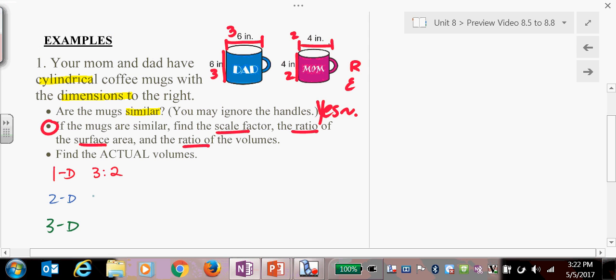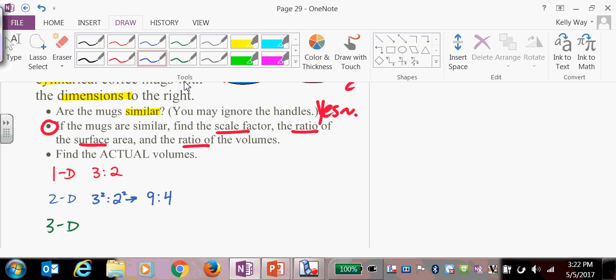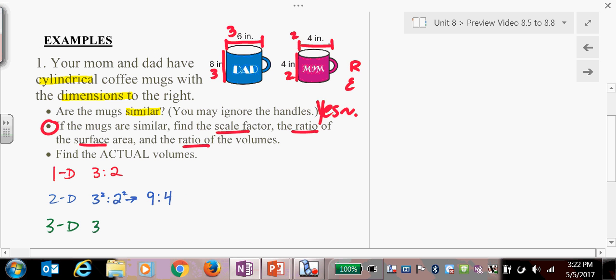Our second dimensional ratio is going to be 3 squared to 2 squared, which comes to 9 to 4. And then our third dimension ratio is going to be 3 cubed to 2 cubed, and that's going to be 27 to 8.